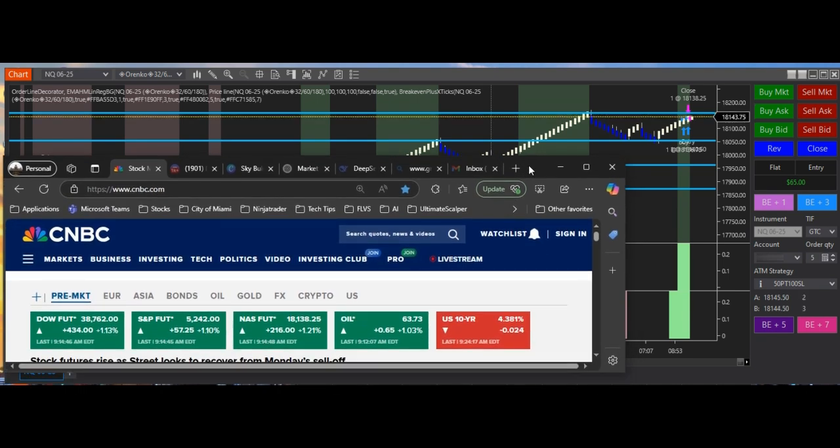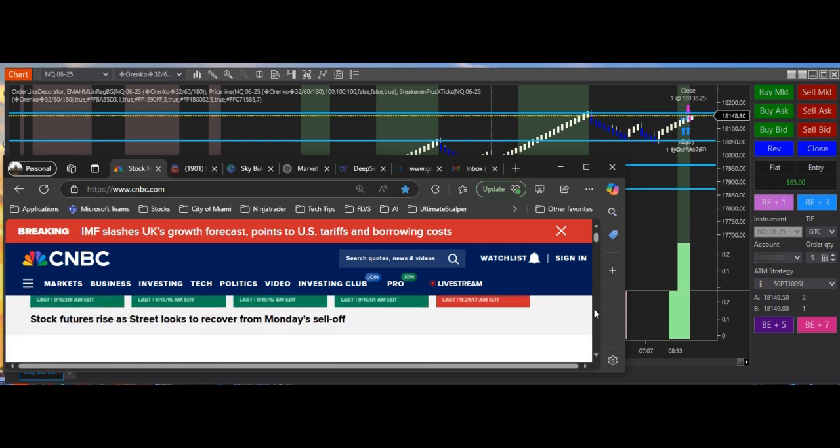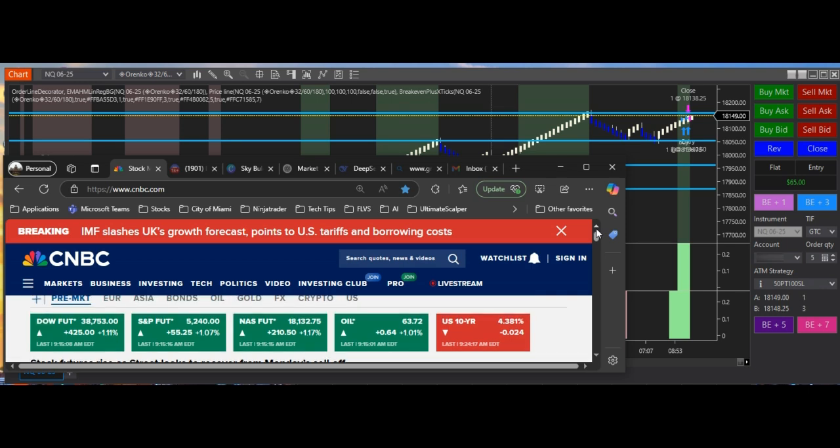Usually that happens when there's a really big sell-off: the next day people start buying, and sometimes the next day the market just may be mixed, but typically when there's a sell-off one day, the next day buyers start buying. So right now the market's all up, and we'll see how the rest of the day goes.